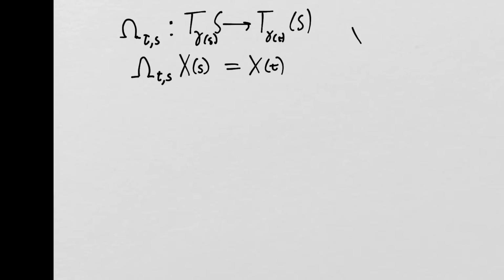So remember that x of τ, of the variable τ, is an autoparallel field, a vector field that is autoparallel on the curve γ. So it's only really defined on γ, and γ is a curve that is parameterized by τ.